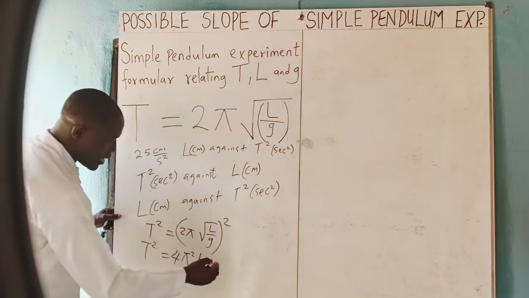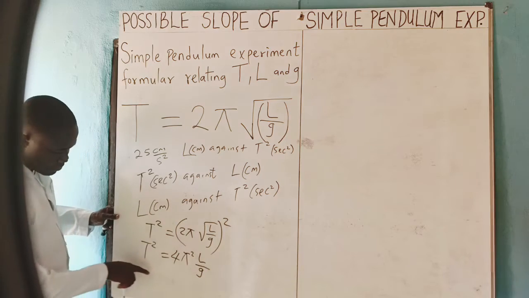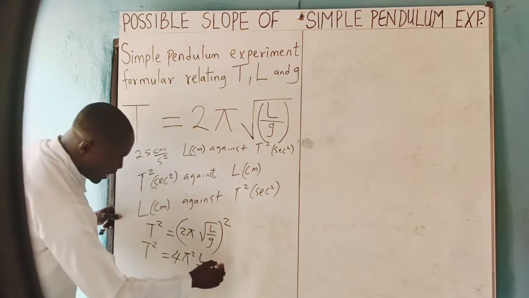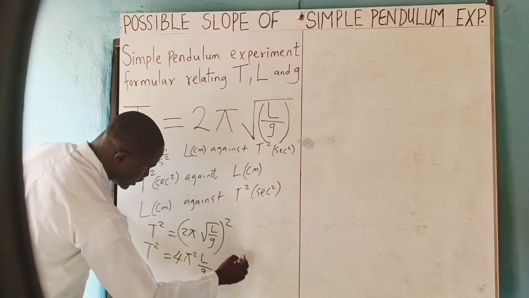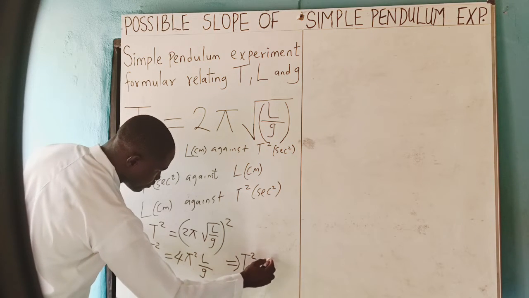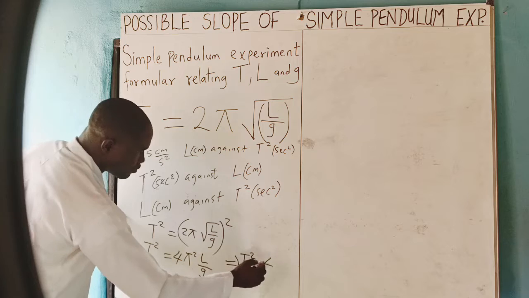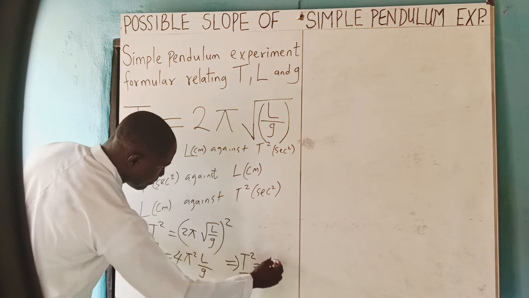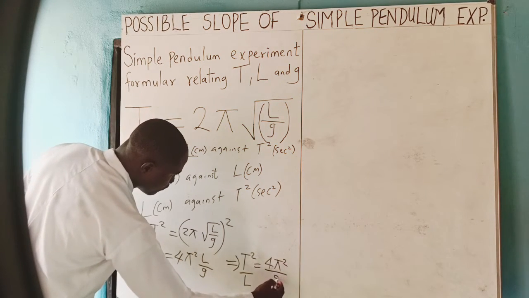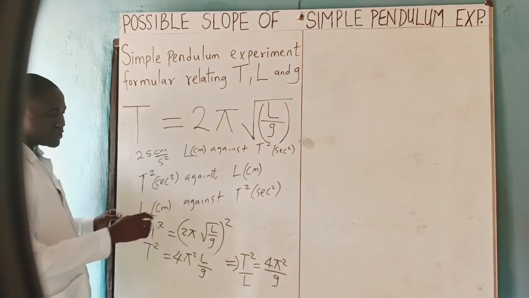Now from here, carry this L, bring it down. You will be having that T squared over L is equal to 4 pi squared all over G. Can you see it now?